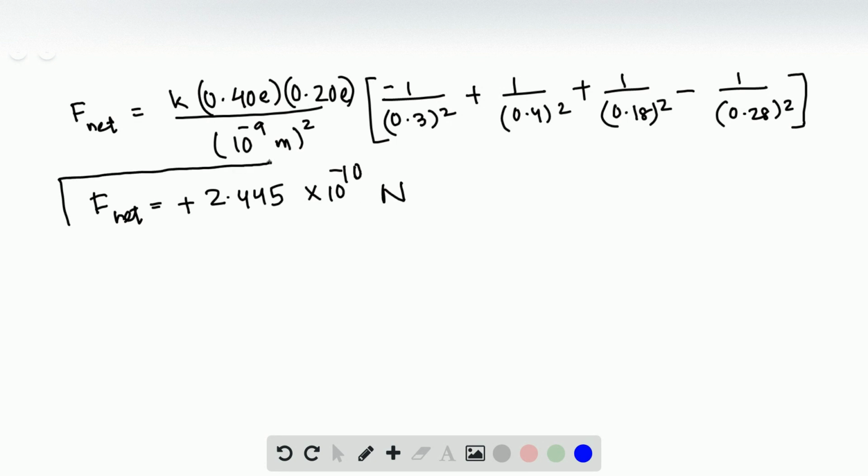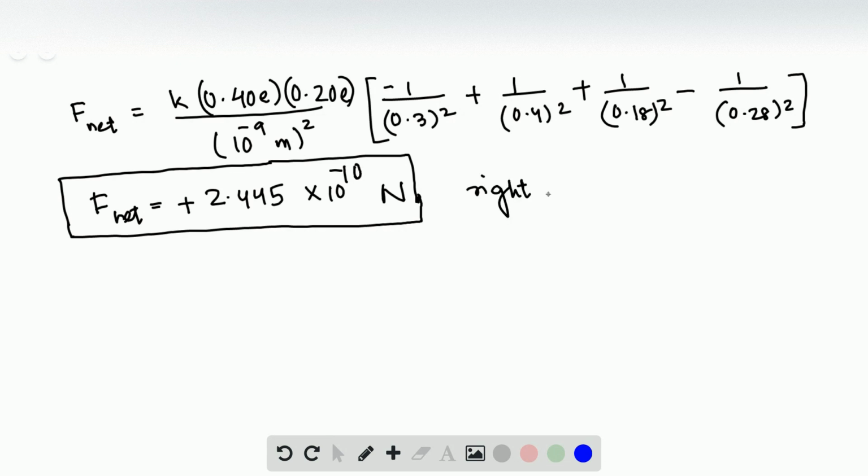Since the magnitude has a plus sign, we can say that the force has this value and is pointed towards the right. Thank you.